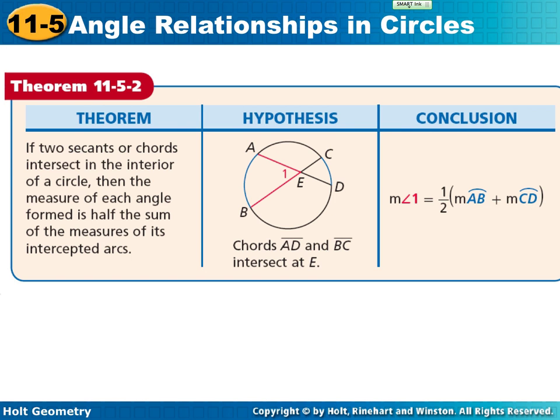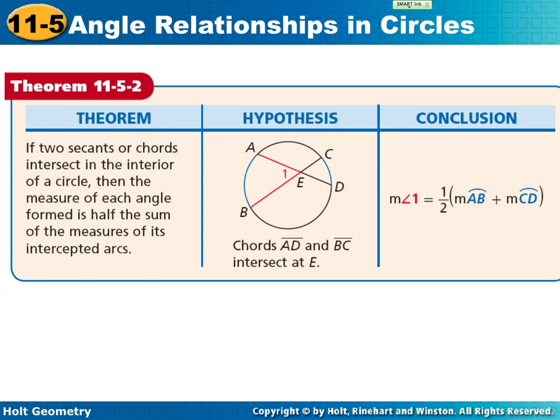Now, this is formed by, it could be two secants, if we make those into lines. Could be two secants, the picture actually shows two chords. Intersect in the interior of the circle. Let's see what it says here. The measure of each angle formed is half the sum of the measures of its intercepted arcs. Half the sum of the intercepted arcs.